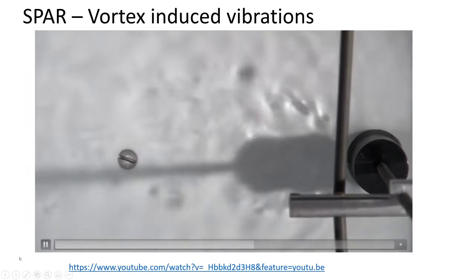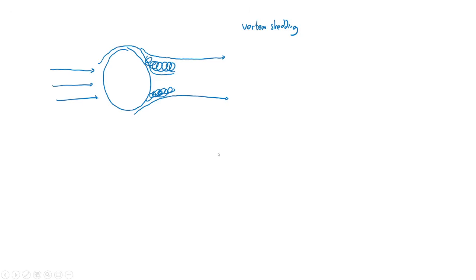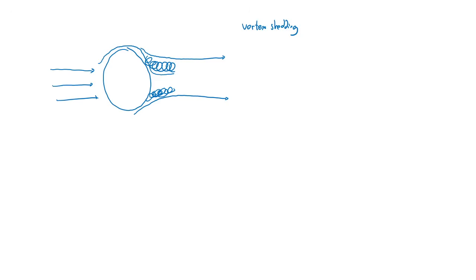Okay, but something interesting that happens is that this detachment point, sometimes it will detach, so it will start to enter some sort of cyclic process. Sometimes it will detach here, but sometimes it will detach here, and it will oscillate between these two detachment points.